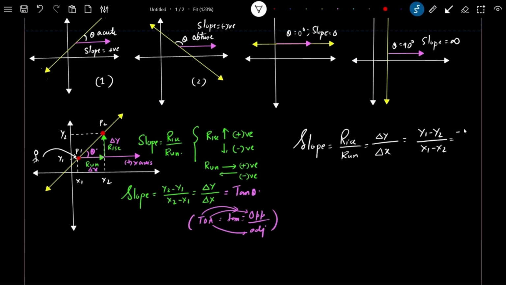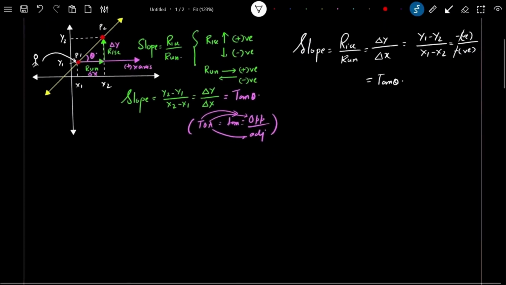No, because if you think that this value is going to be negative, and this value is again going to be negative, the two negatives will cancel out. So whether it's y2 minus y1 or y1 minus y2, as long as you take y2 minus y1, then you should also take x2 minus x1. If you take y1 minus y2, make sure you're also taking x1 minus x2. And this is equal to tan of theta.